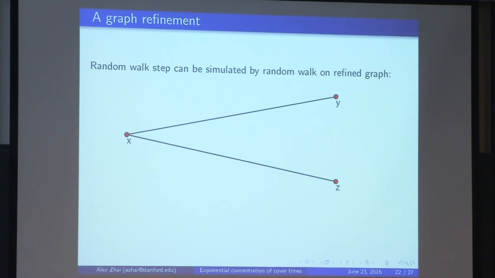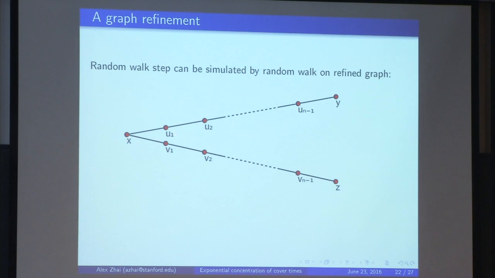So the main idea is, let's say we have these 3 vertices x, y, and z in our graph. We're going to do a refinement of our graph, which is to break each edge into n pieces. Let's label them u1 through un minus 1, v1 through vn minus 1.